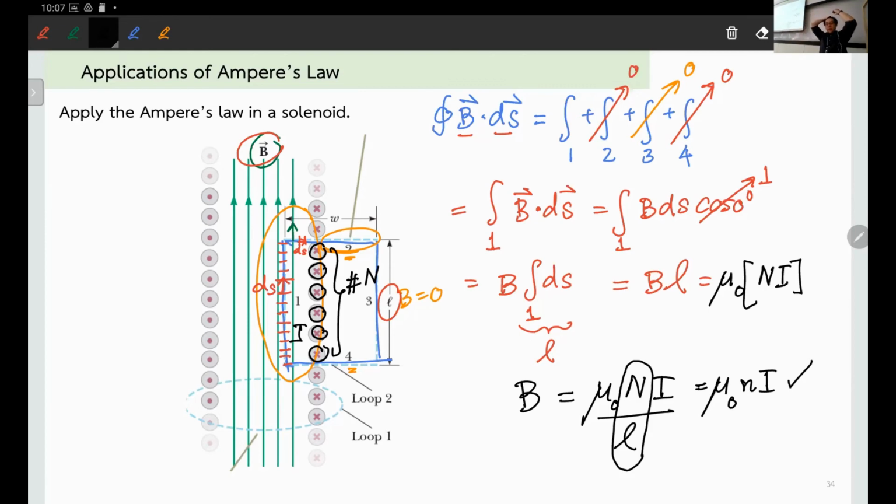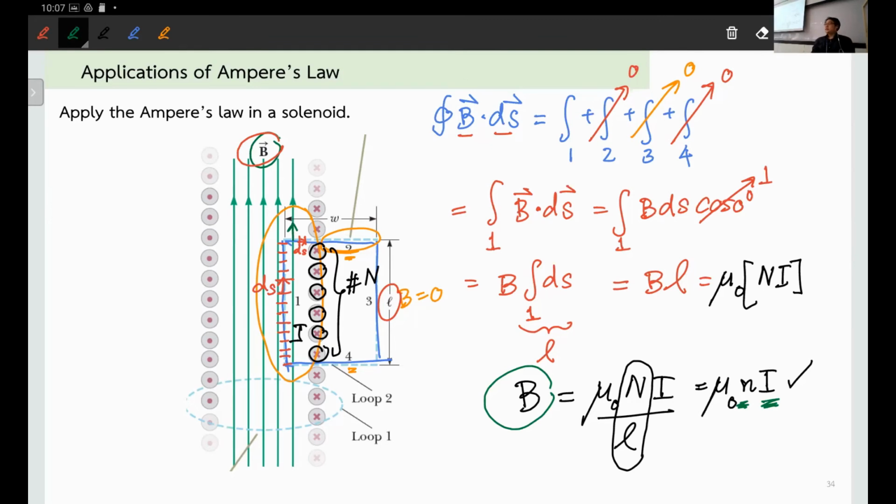So for the solenoid, it makes sense. If you want a very strong magnetic field, all you need is very high current, and you need a very high density of wire. If the density is very high, then the magnetic field will be strong as well, which is perfect. Okay, sounds good? So this gives you an overview of how Ampere's law helps you evaluate the magnetic field.